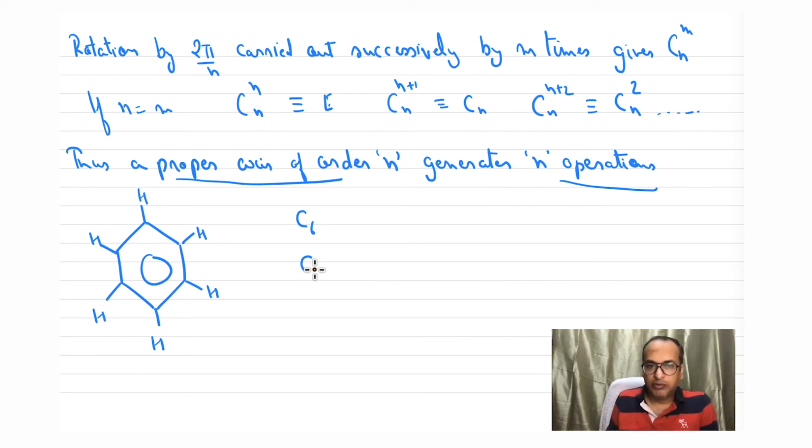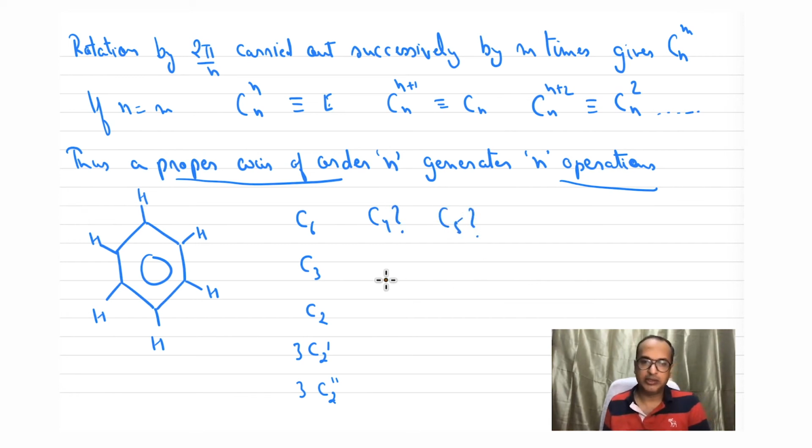Then you will have C3, you will have C2. These three are collinear to each other. Then you will have C2 prime, 3 such C2s, and 3 C2 double primes. Okay, so try to identify where these are, and let's also find out if there is any C4 present, if there is any C5 present in this. And then what are the corresponding operations it will generate.